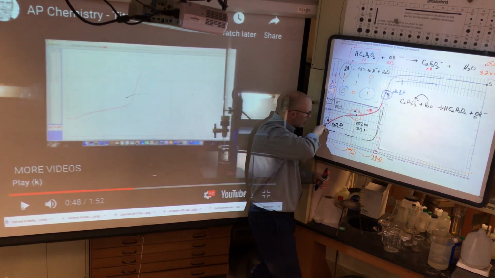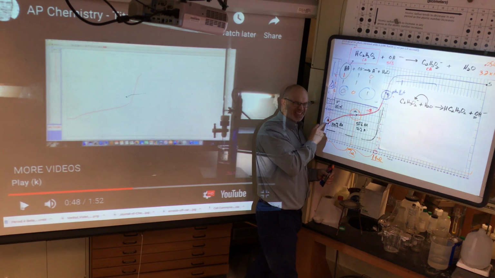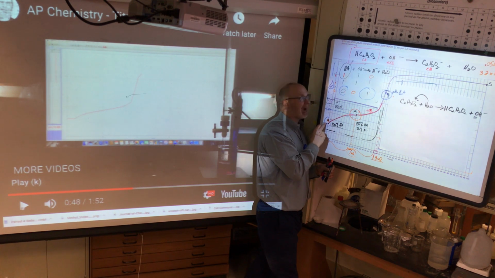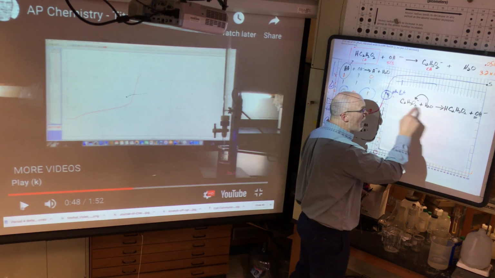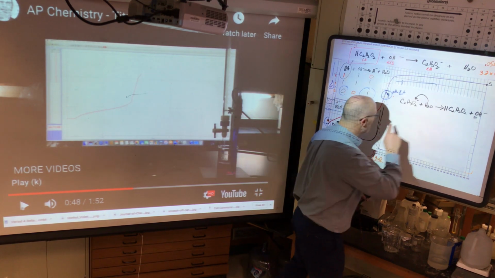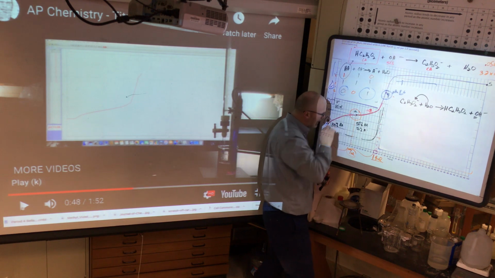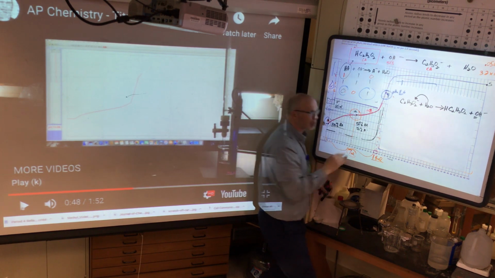This starts at a higher pH because it doesn't dissociate, so its acidity is less. It's a weak acid. But as we added base, we were producing another base that was ionizing water. That's why this is coming up and not staying as flat as the first one we just saw.